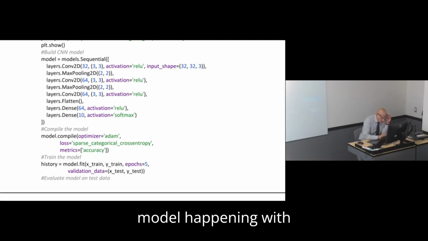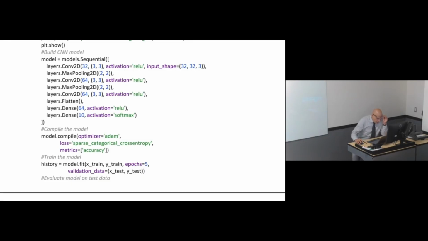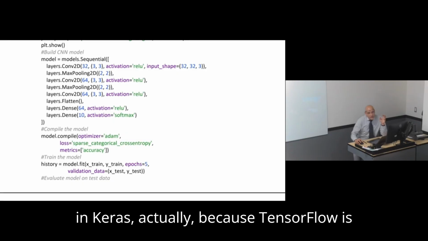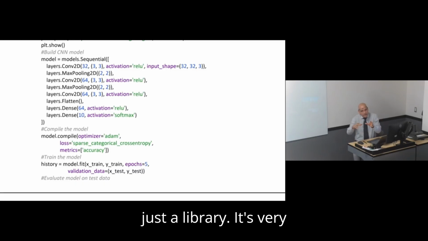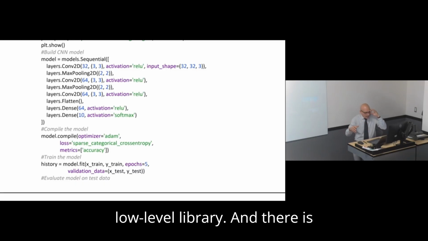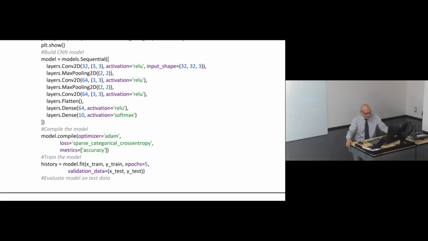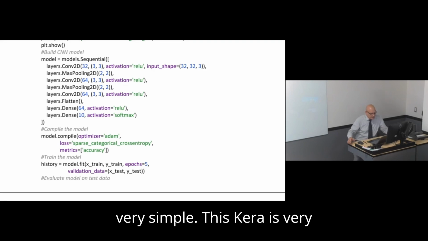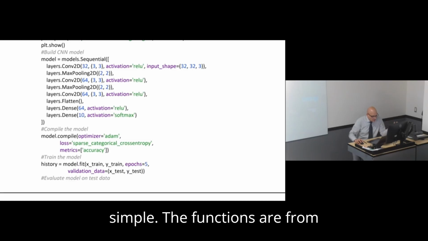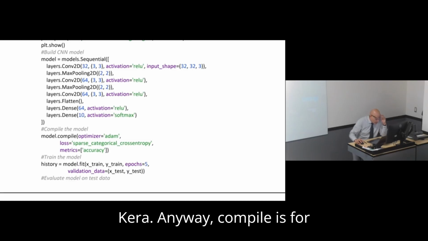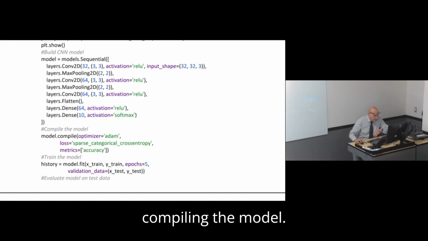Compiling the model happens with the function compile in Keras actually, because TensorFlow is just a very low-level library. And there are so many APIs that work with TensorFlow. One of them is Keras, which is very simple. The functions are from Keras. Anyway, compile is for compiling the model.